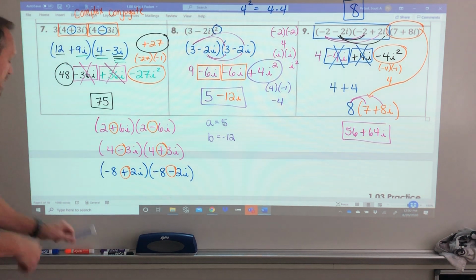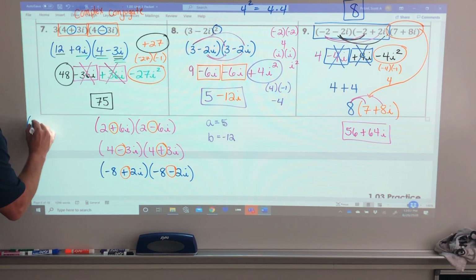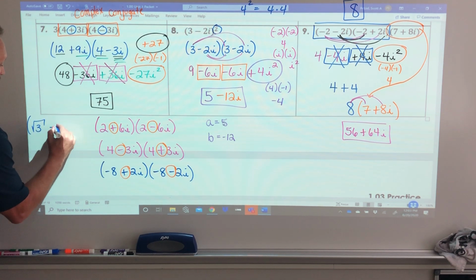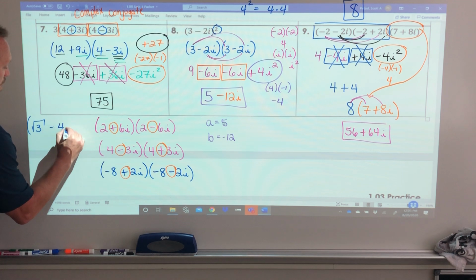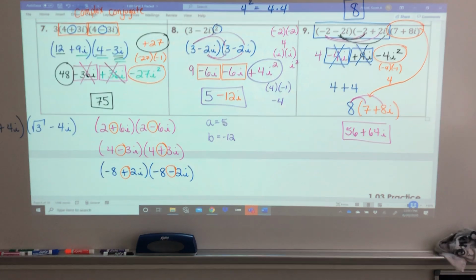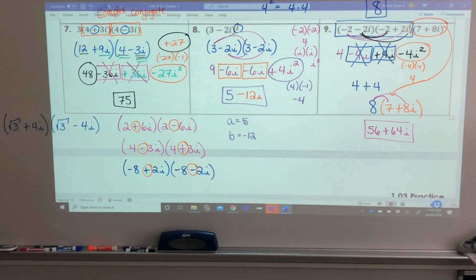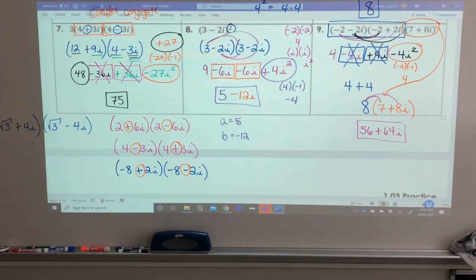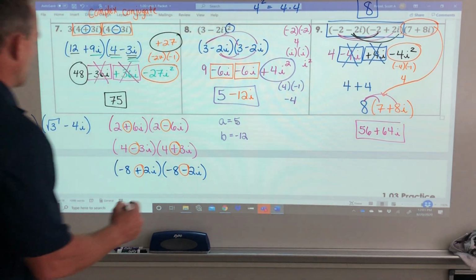We could additionally have this: square root of 3 minus 4i. What would its conjugate be? Square root of 3 plus 4i. What would this, let me see if this is in the screen. If it's not in the screen, gotta get it in the screen. There we go. Let me rewrite it over here.